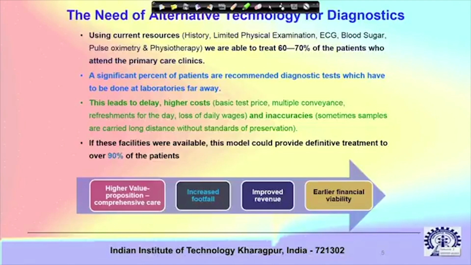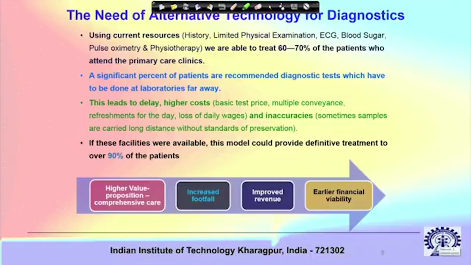Not only that, if there is a delay in getting the results, that can lead to higher costs, not just because of basic test price, multiple conveyance, refreshments for the day, but also loss of daily wages of the patient because of long waiting time.